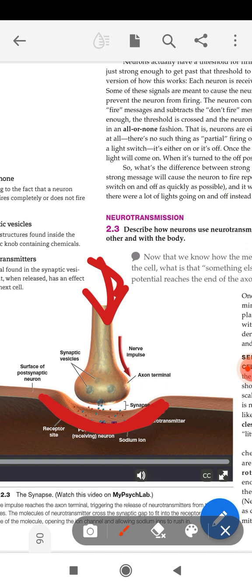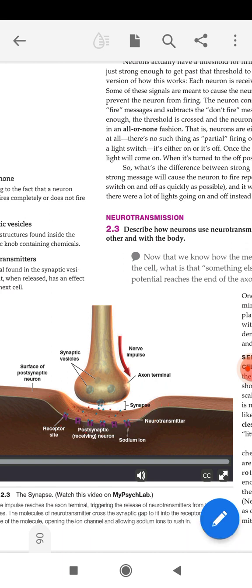So it is not essential that the next cell will be a neuron, because receptor sites are present in nearly every type of organ we have.